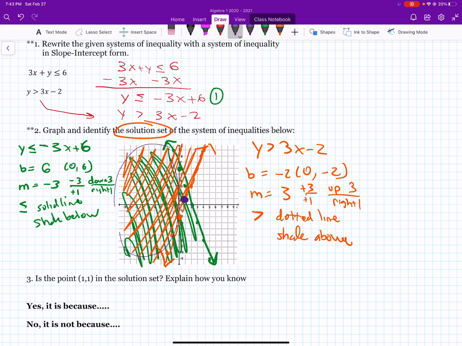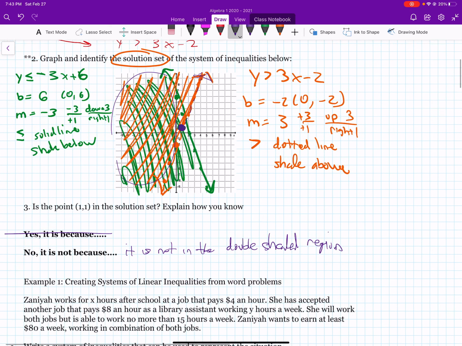Because it is on the dotted line, we have figured out that it is not in the solution set, because it is not in the double shaded region. Although it's on the line, because it's a dashed line, that means the points are not included. It had to be solid for it to be.